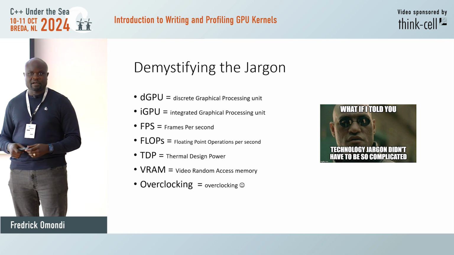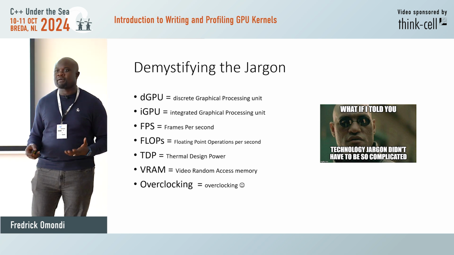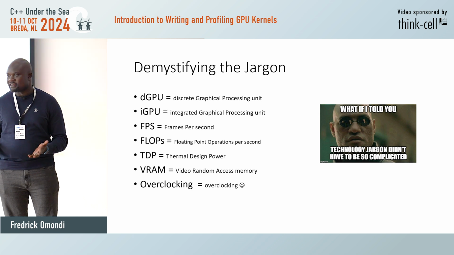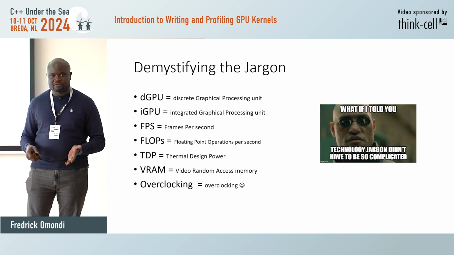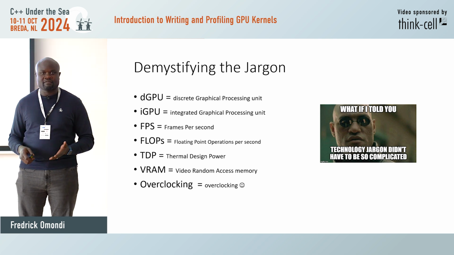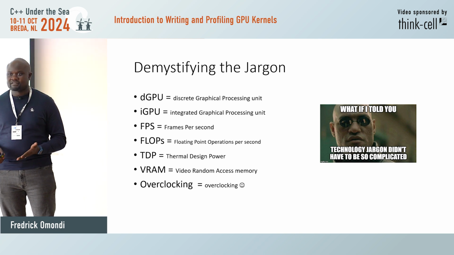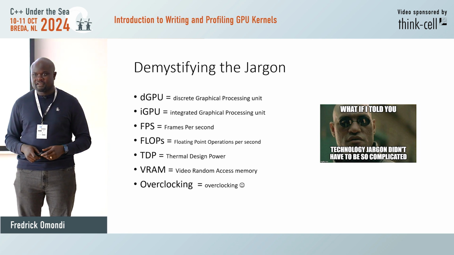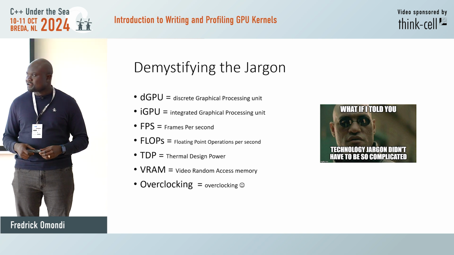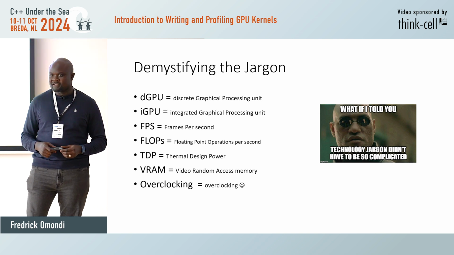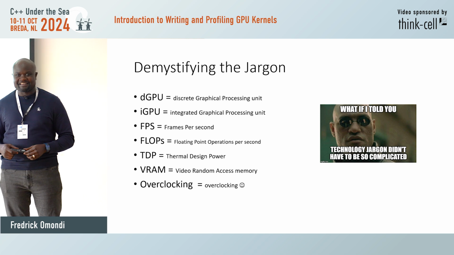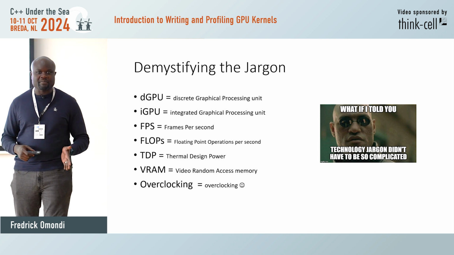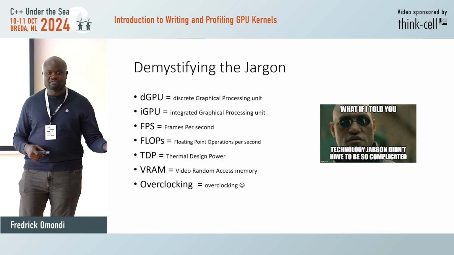And when people talk about TDP, they just talk about the power that the GPU needs to run. TDP of a GPU is, in other words, the amount of power it dissipates under the heaviest load at peak performance. This is becoming very interesting in a world that is trying to be green. A lot of GPU vendors are trying to say, I can give you this performance per watt, and that kind of stuff.